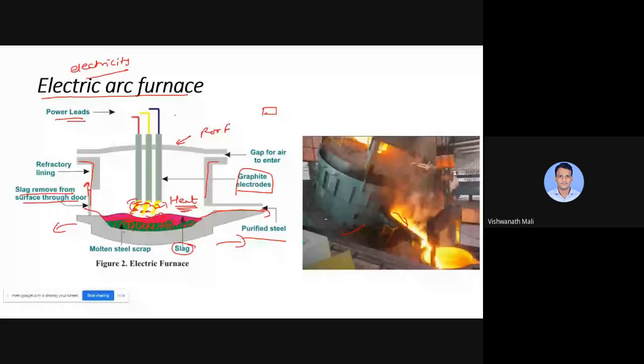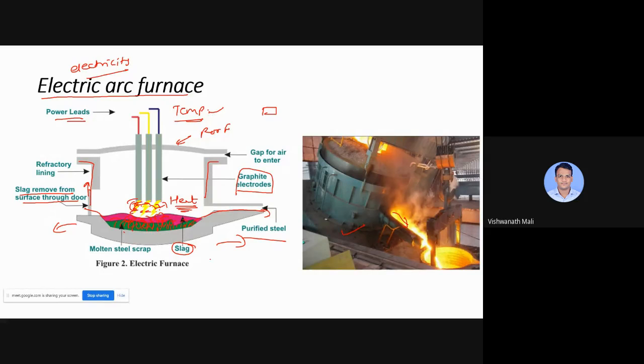Here the advantage is what? We can control the temperature. And as it generates sparks, whatever the composition is there will be maintained. That will not come in contact with these graphite electrodes. Only the spark is in contact, right?